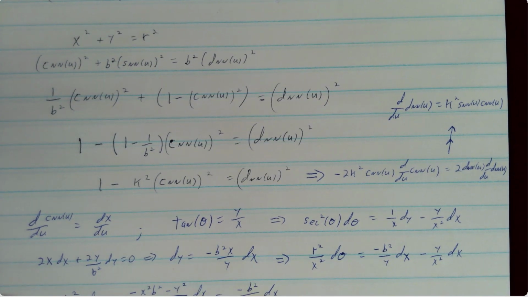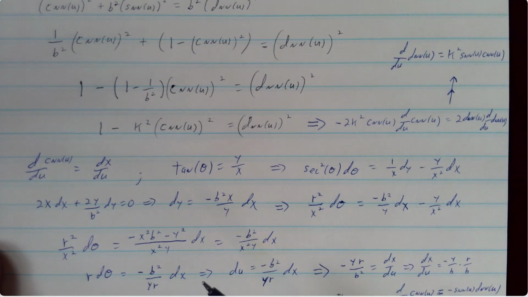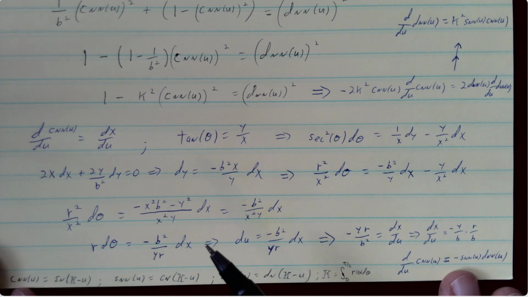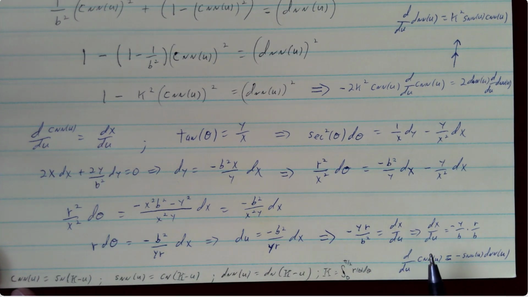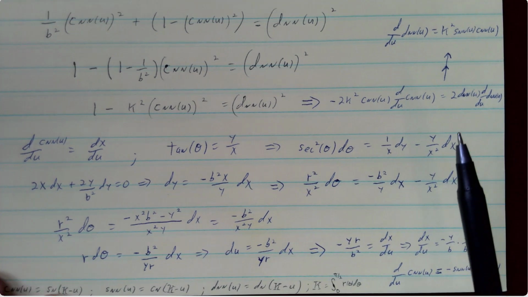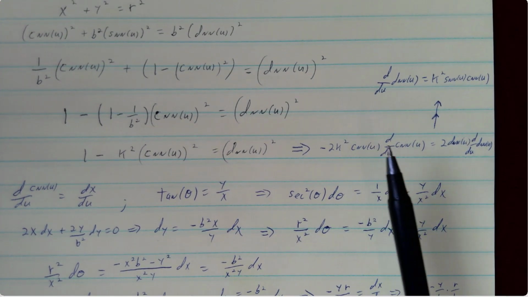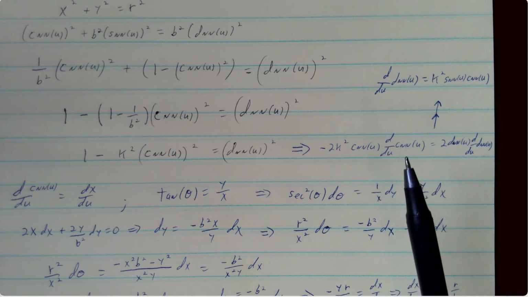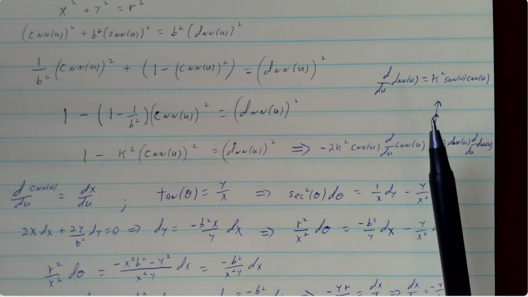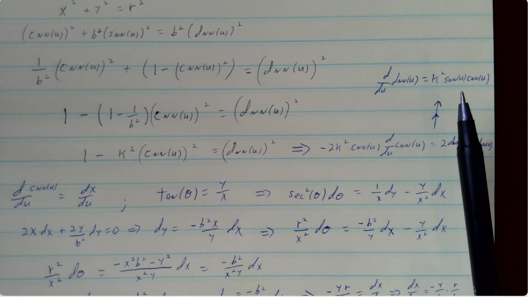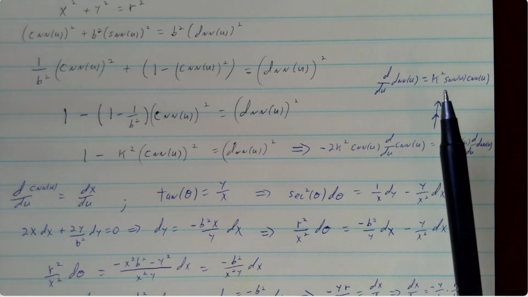I have the work, but the derivative of cn will be negative sn dn, so that works out. And similarly for the derivative of sn, but the derivative of dn, since it depends on the derivatives of cn and sn, well, in this case, it would end up being positive.